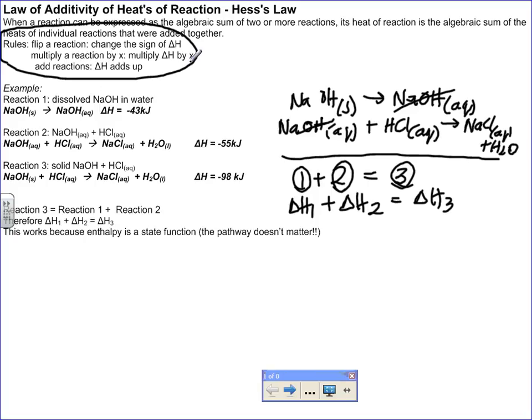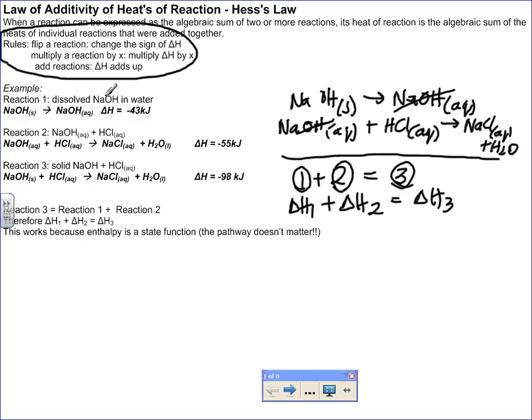The other manipulation that we might need to do is to multiply a reaction by some value x. To understand what the effect on delta H is, we need to remember the relationship between the delta H and the balanced chemical equation. The delta H for a balanced chemical equation is consistent with the mole ratio in the balanced chemical equation.